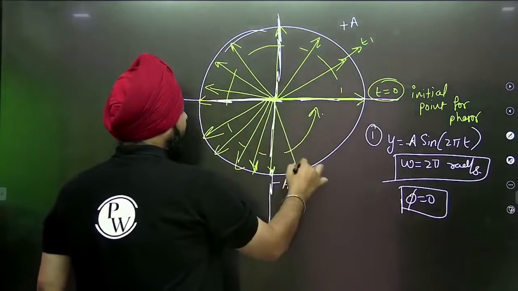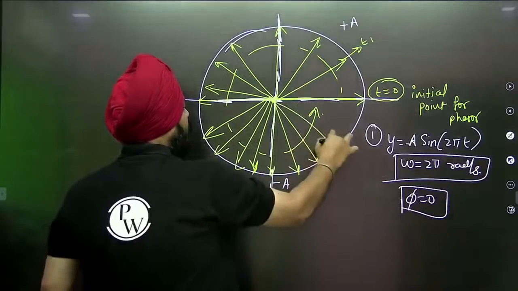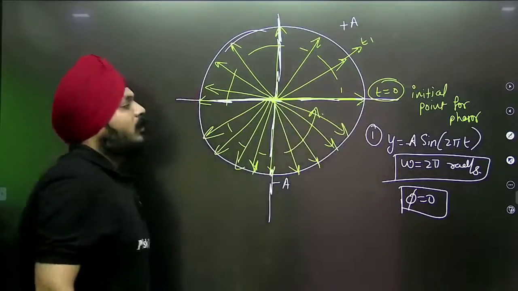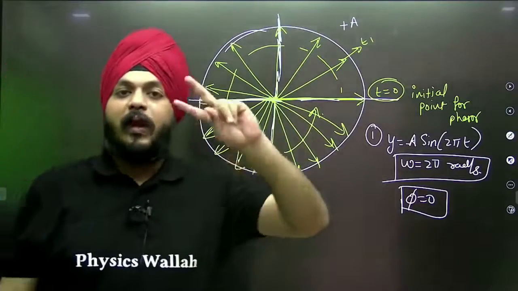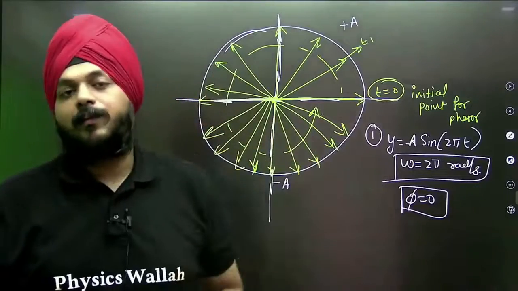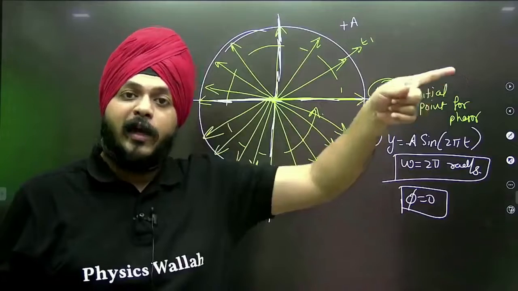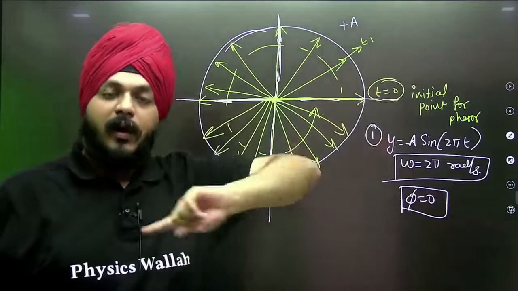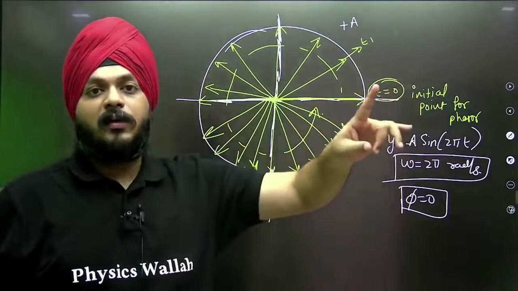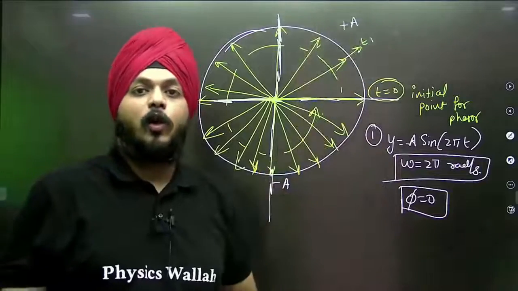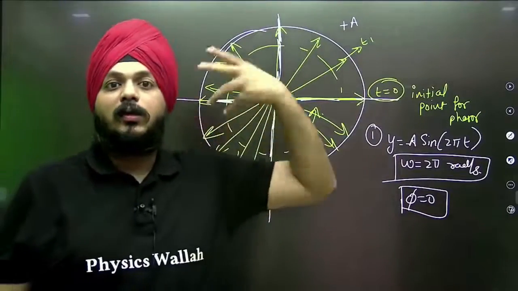Now students are getting confused. Sir, basically there are two ways of phasor rotation, one in the anti-clockwise direction and one in the clockwise direction. While moving in the anti-clockwise direction, the answers will differ as compared to moving in the clockwise direction. So what is the correct method?